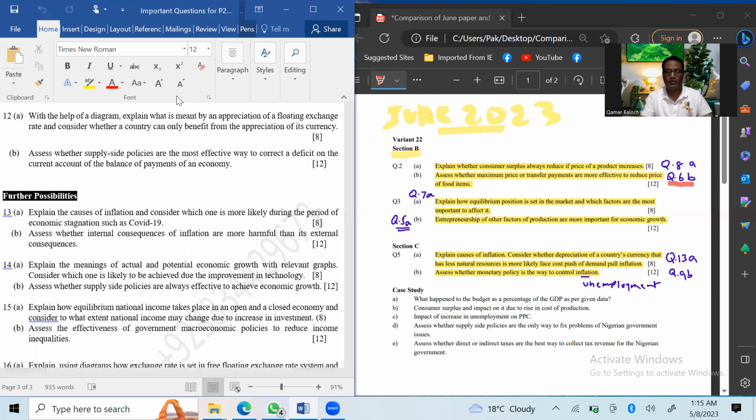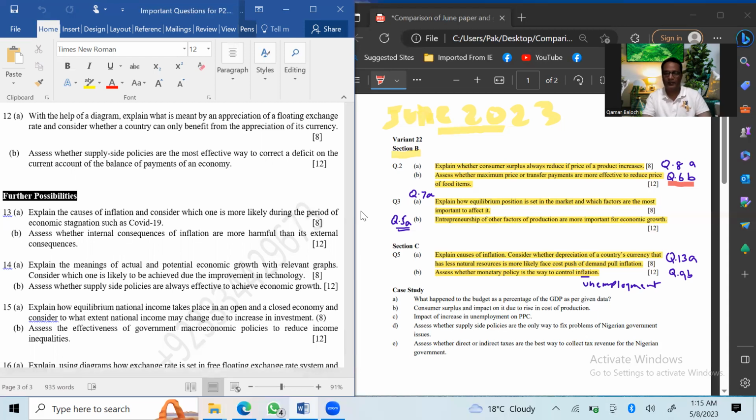Economic stagnation is basically when economies are stagnant and there is lesser economic activity. So it is almost the same as the question on causes of inflation. It was exactly the same.